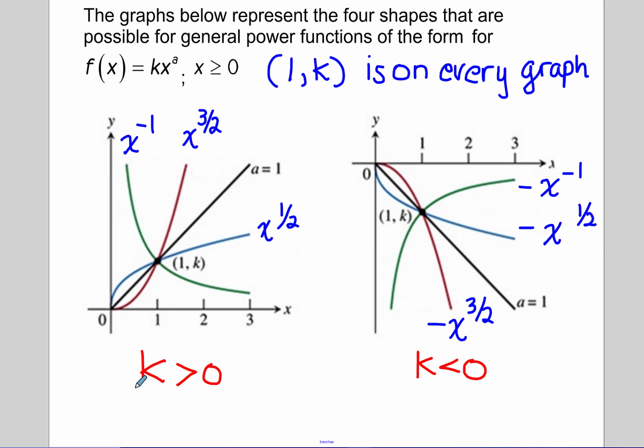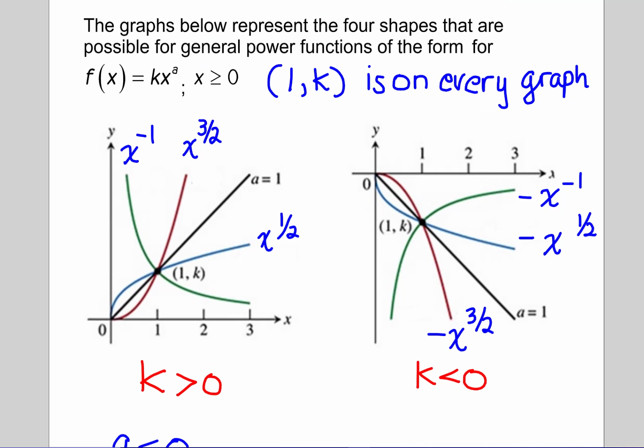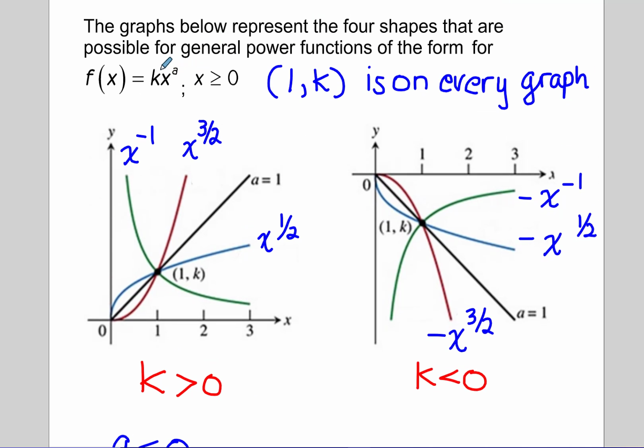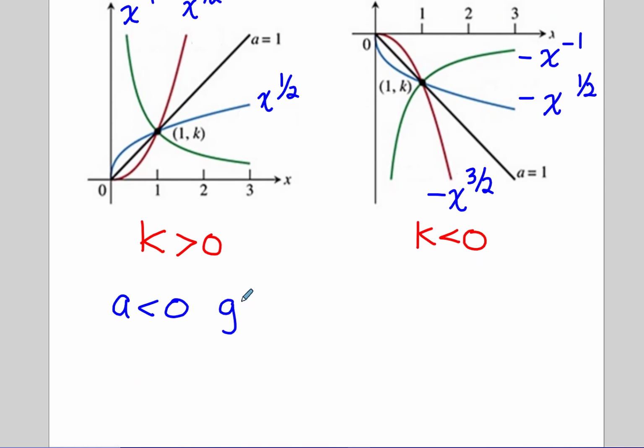So we could summarize that by saying for the green graphs, the green one over here and the green one over here, the a value is less than 0, or the a value, which was the power, the a values are negative, and you get the behavior of the green graphs.